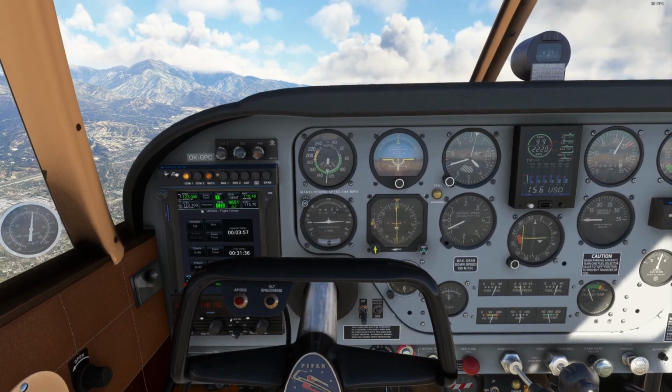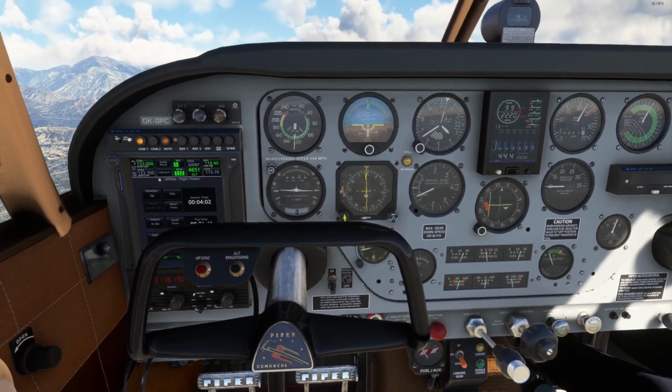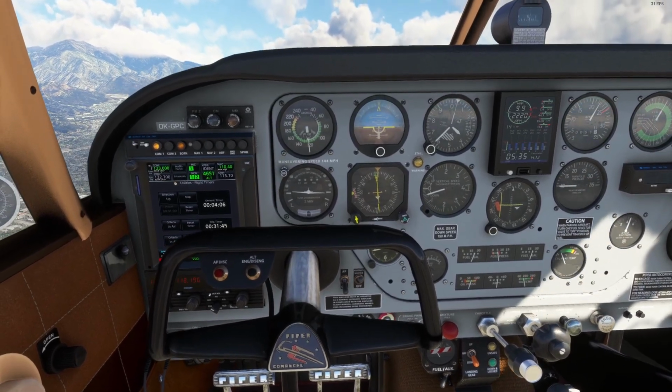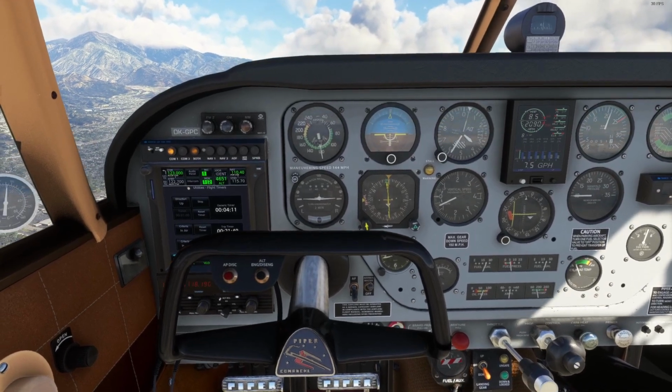Also drop the gear. And when I reach 2,240, I will check. Don't believe that I'm doing good enough descent though.